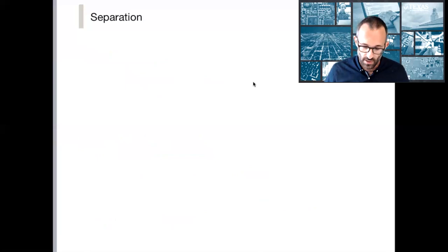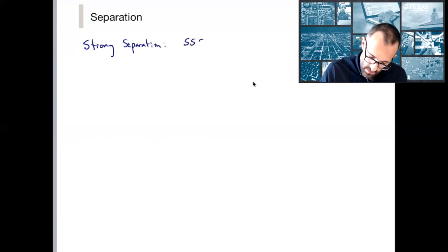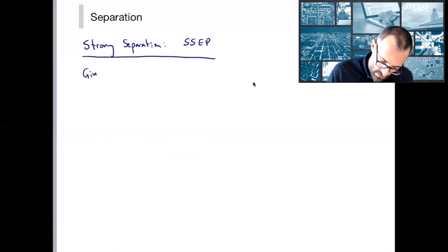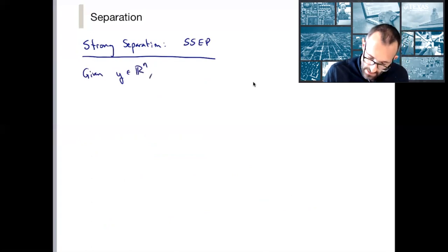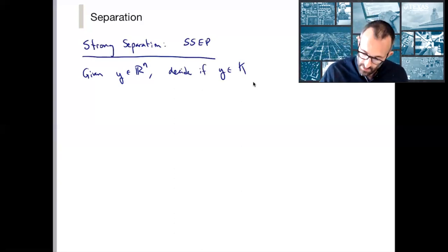Separation. We've already seen this, and we've seen a specific example of this when talking about the arborescence problem. So this problem says, given Y in Rn, decide if Y is feasible. And if it's not feasible, prove it by providing a separating hyperplane. So you should think about this as dual to the violation problem.